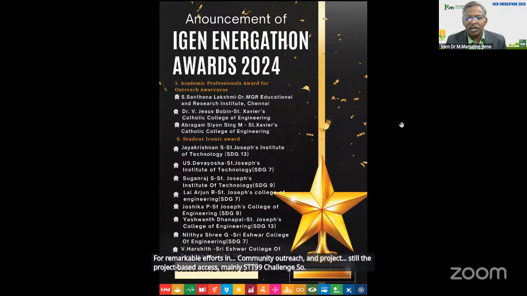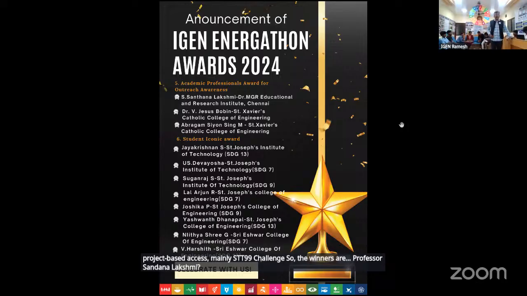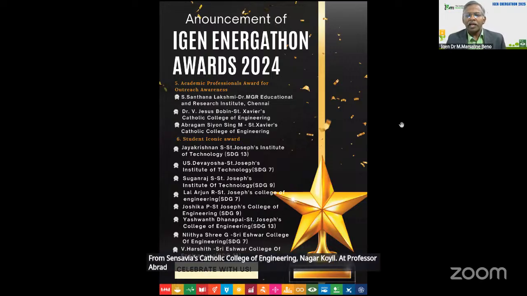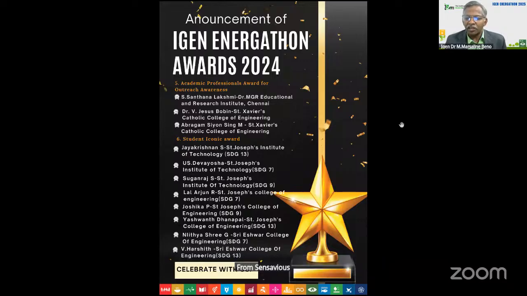The winners are Professor Sandana Lakshmi from Dr. MGR Educational and Research Institute, Chennai, Dr. B. Jesus Govin from St. Xavier's Catholic College of Engineering, Nagarkoil, and Professor Abraham Sion Singh from St. Xavier's Catholic College of Engineering, Nagarkoil. Again, congratulations to the winners.